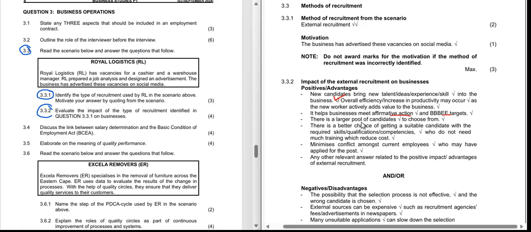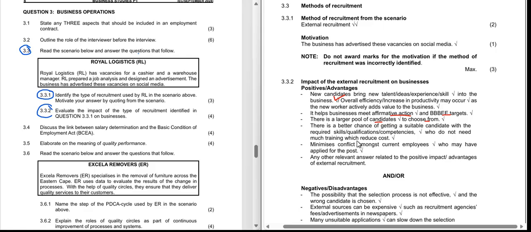There is a large pool of candidates to choose from. Okay, so the chances of getting one of the best employees are high, because you're choosing from a large pool. When you're employing people from outside, a lot of people are going to apply, and there's a high chance that you have one of the best employees.